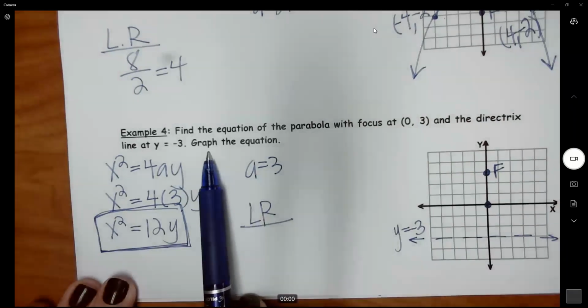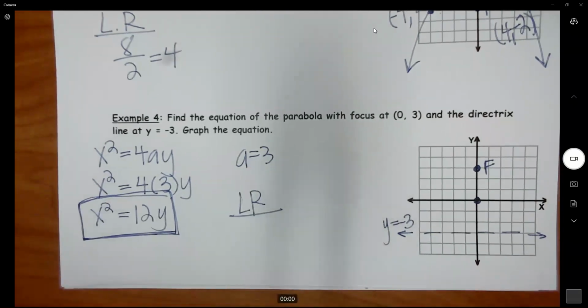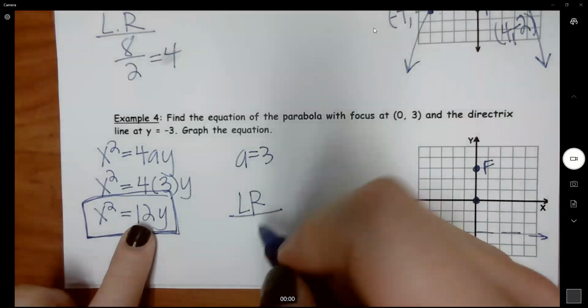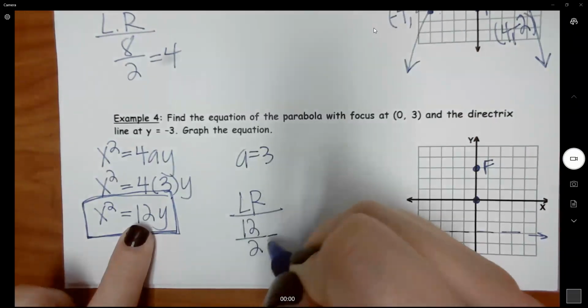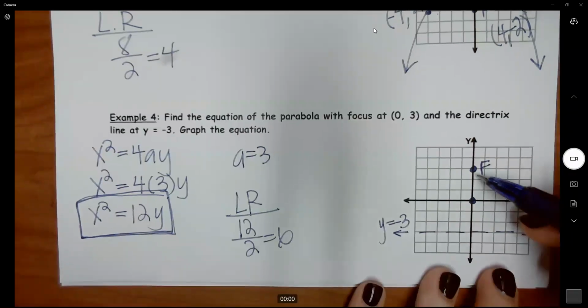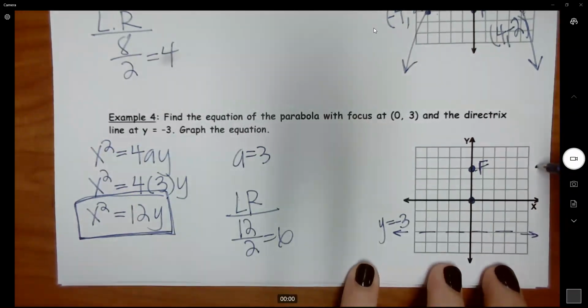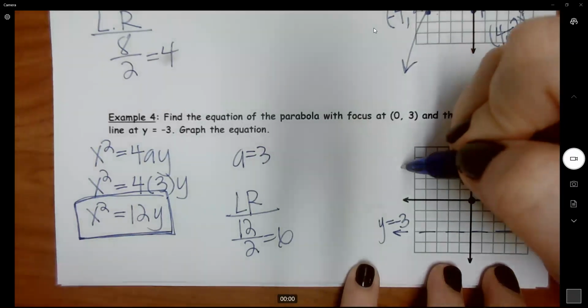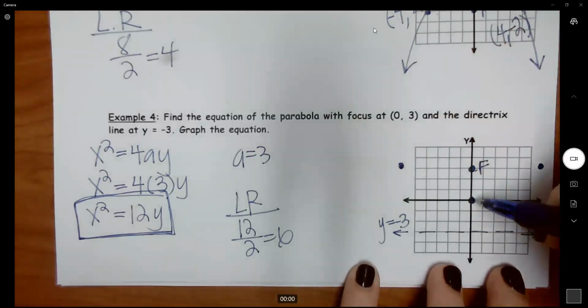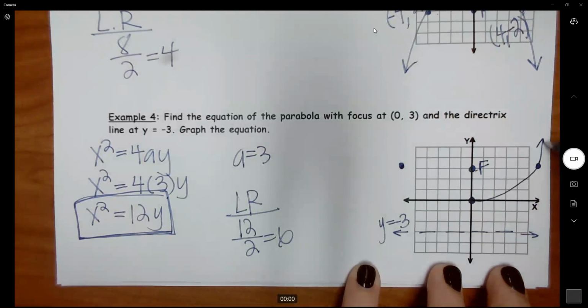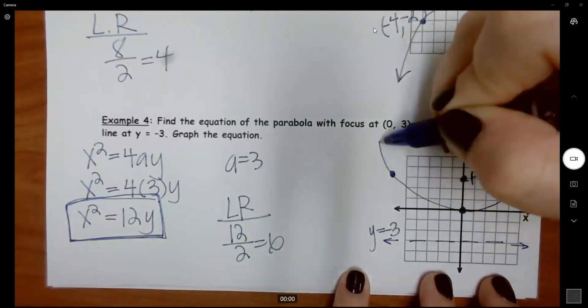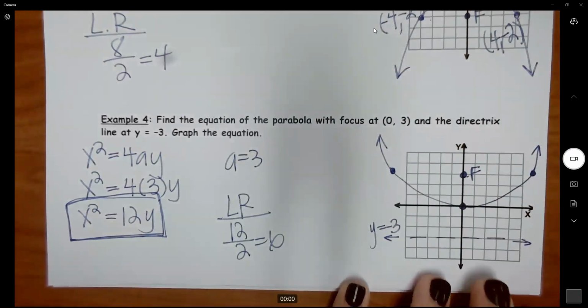So now we need to graph the equation, and we'll do that by finding that latus rectum. You're always taking what's in front of your non-squared term and dividing it by 2, in this case 6. So from my focus, I'm going to go 6 to the right and 6 to the left. And here is my very wide parabola.